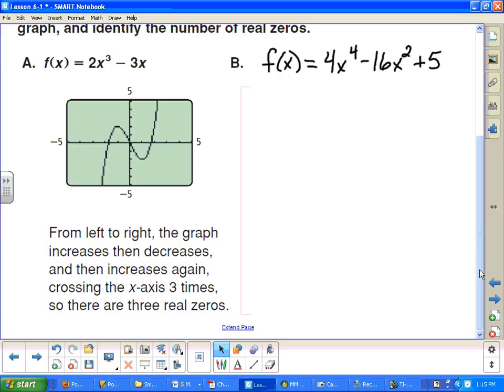Crosses the x-axis 3 times, so there are 3 real zeros. Okay? So you can say up or down, you can say increasing, decreasing if you want, whichever works for you is fine for me. Okay, and then do it for letter B. So clear that one right on out of there.